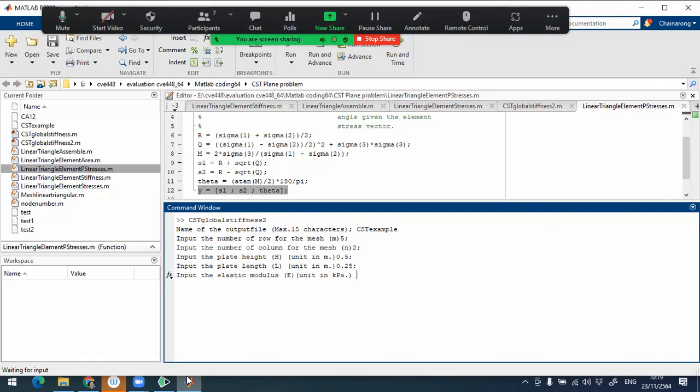And we supply the elastic modulus, that is 210 times 10 to the power 6 kilopascal.